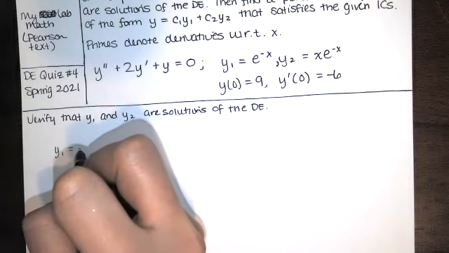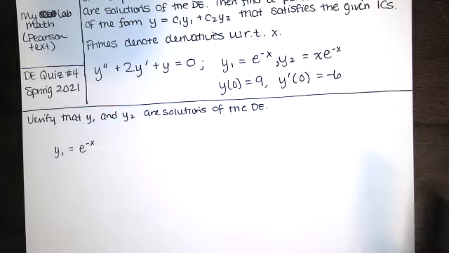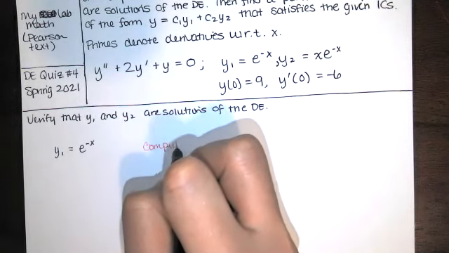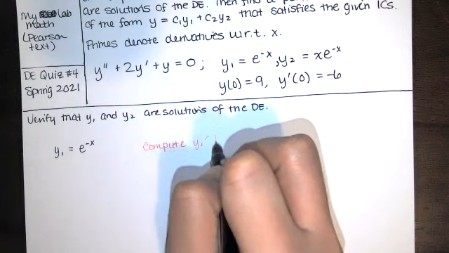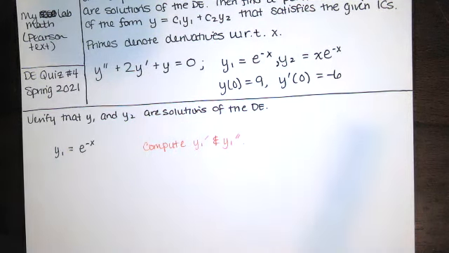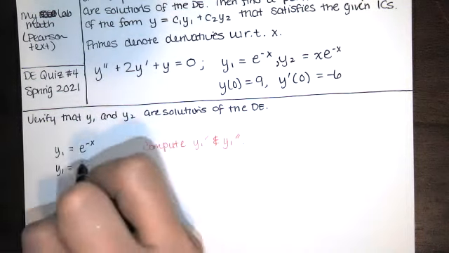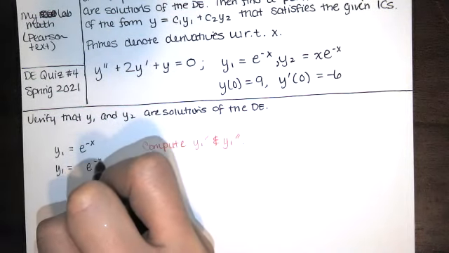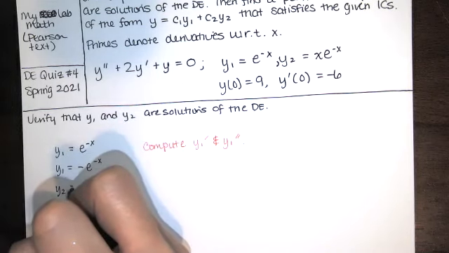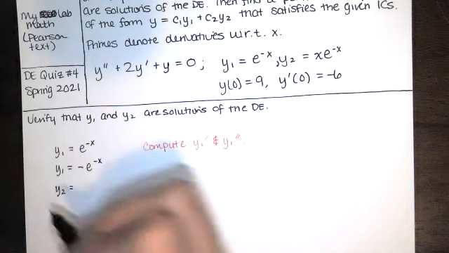So we'll start with y1 equals e to the negative x, and then we will compute y1 prime and y1 double prime. Derivative of e to the negative x is e to that power times the derivative of the inside by the chain rule. The derivative is negative e to the negative x.